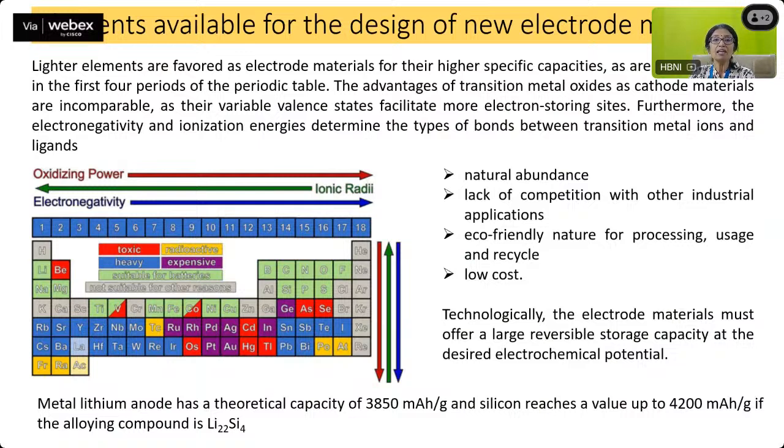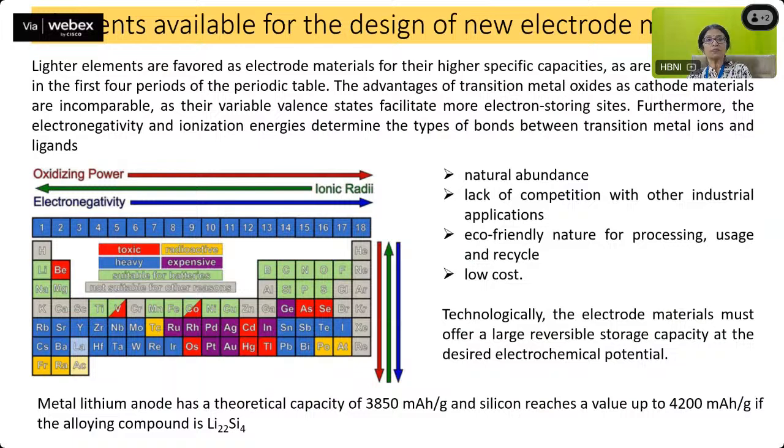If you are having metallic lithium as anode, then the theoretical capacity, if you calculate using the equation I gave you, is 3,850 milliampere hour per gram. In case of silicon, it will reach a value of 4,200 milliampere hour per gram. And how will you determine that? It depends on the type of combination it has with the lithium.